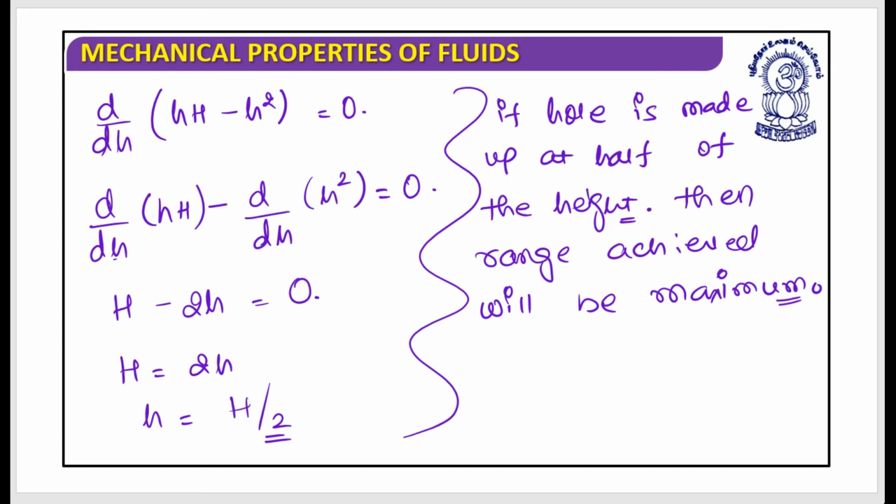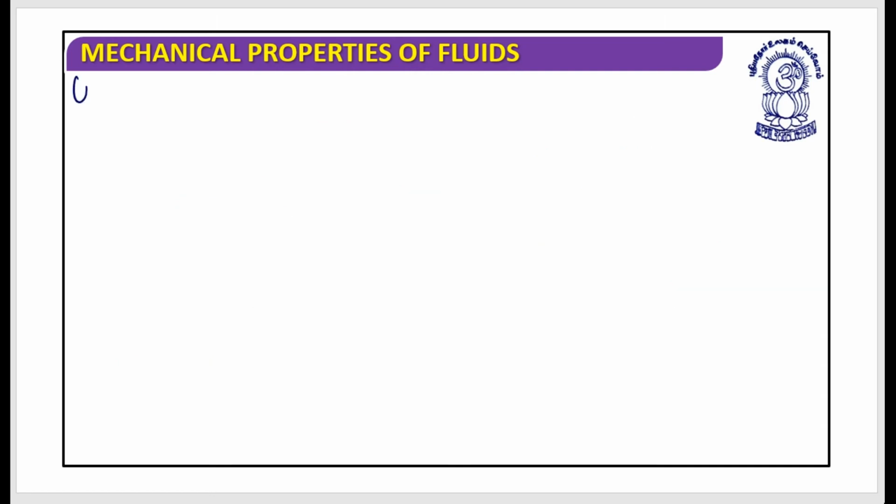I hope this is clear. Is it clear? Are you sure? So if I hold the hole at half of the height, then the range achieved will be the maximum. Great. Now let's work on the question.